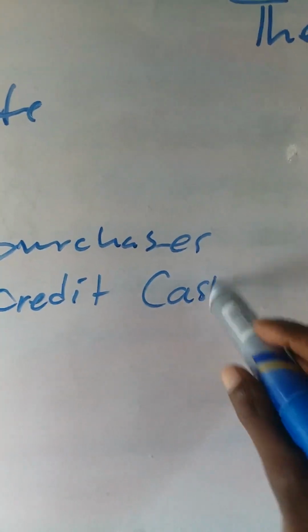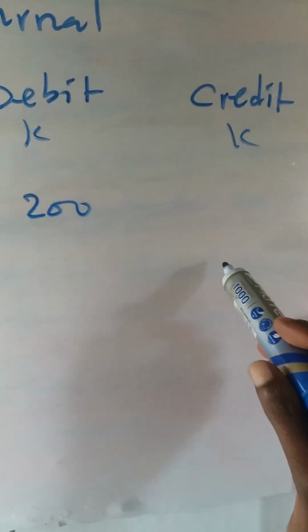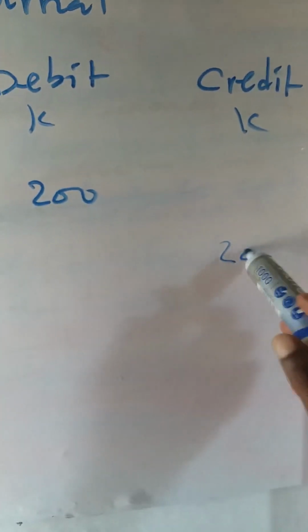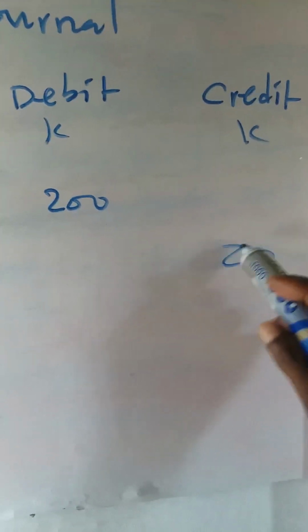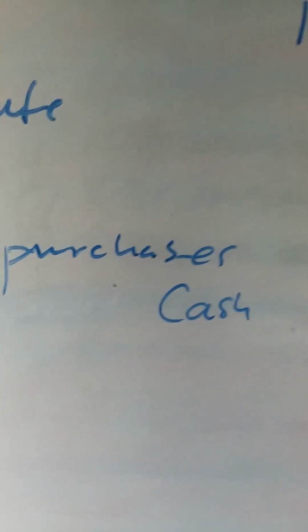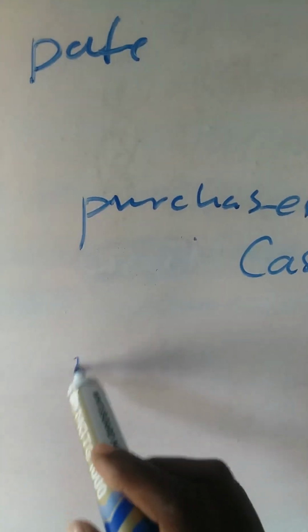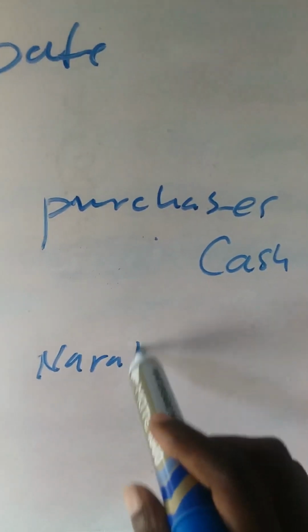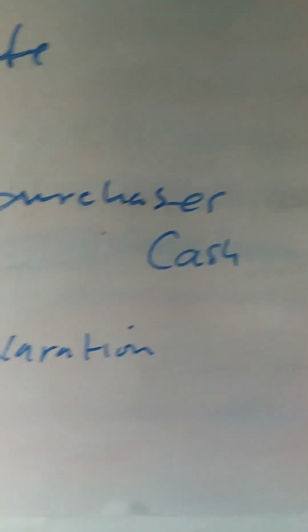So you just say cash, and then the amount goes on the credit column. And then underneath here you put a narration, why that error occurred. That's how you prepare the journal.